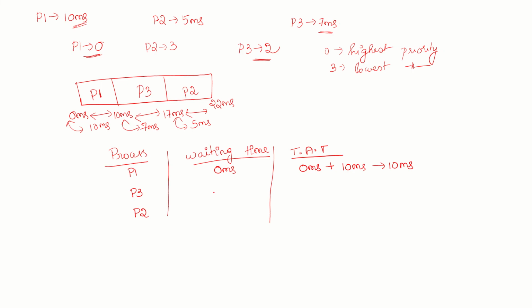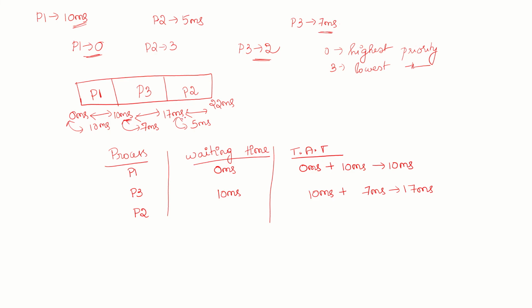Next for P3. Time spent by P3 in the ready queue: at 10 milliseconds it comes. So it waited for 10 milliseconds. I will write that 10 milliseconds over here, plus what is the execution time for P3? It is 7 milliseconds. So it is 17 milliseconds. Next, P2, right?